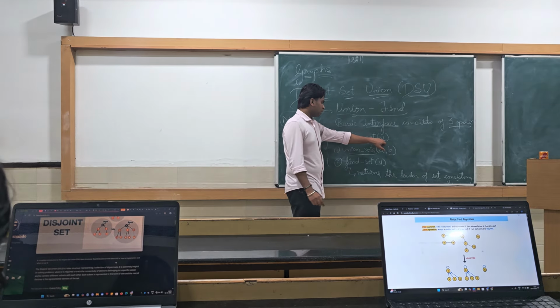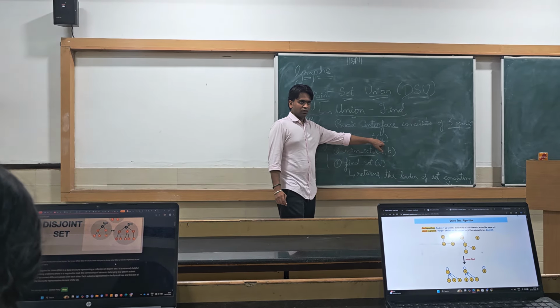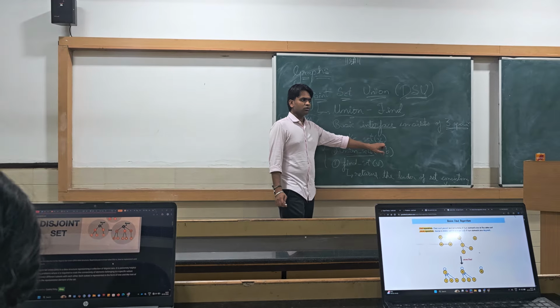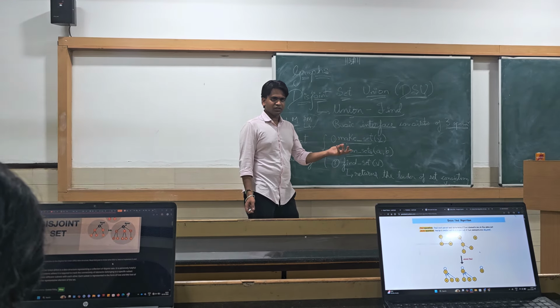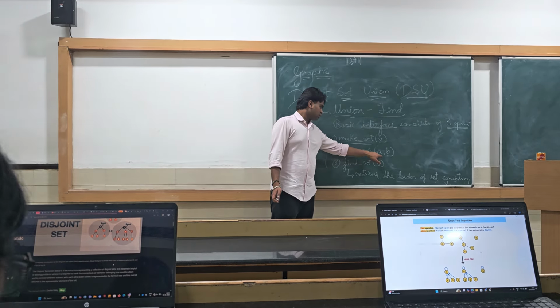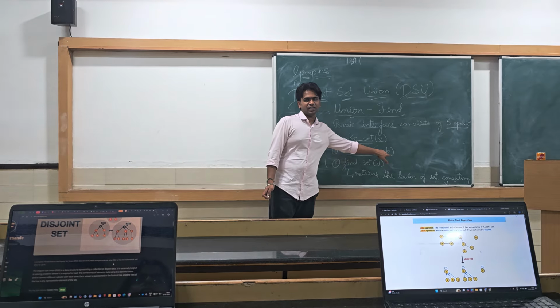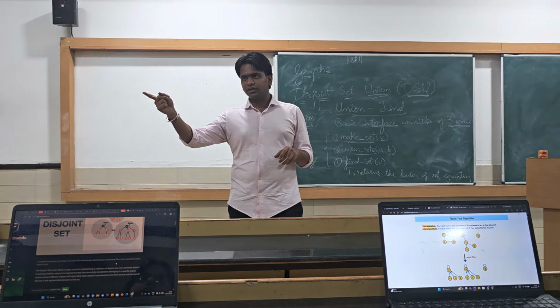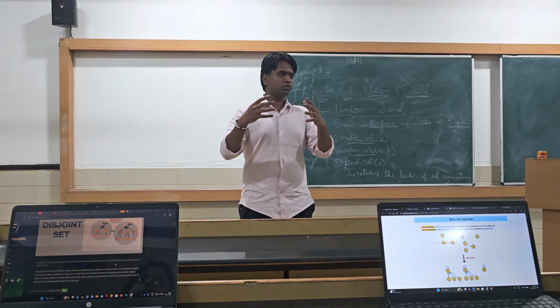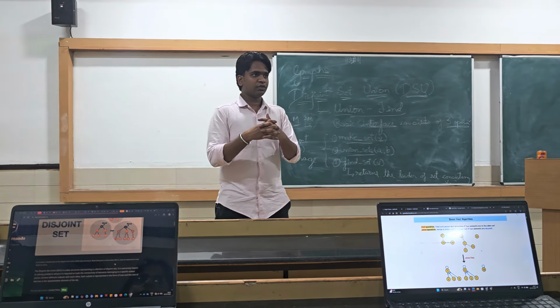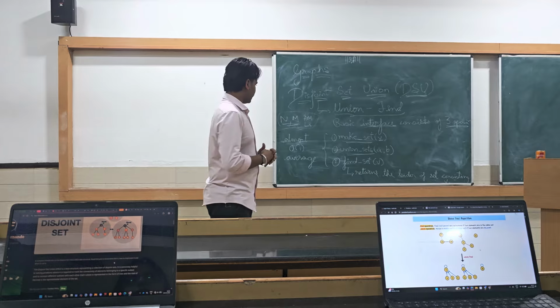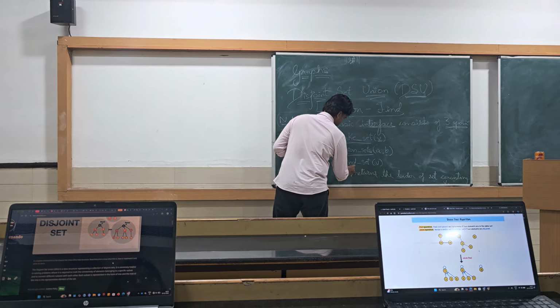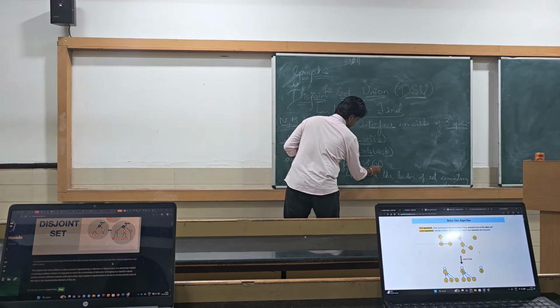Make set, you pass the parameter v, and it creates a set with v as the leader. Union sets, you pass 2 different sets A and B. A has its own leader, B has its own leader. You just merge them. You perform a union of both of them. Understood?